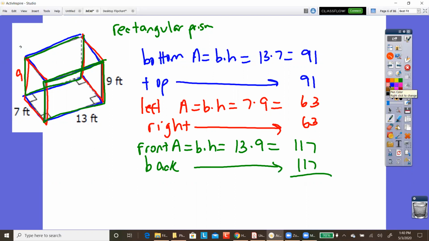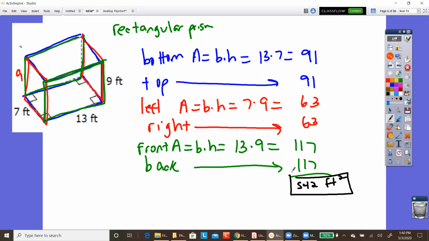So you've done the area of the 6 surfaces. So now what you do is you would add those numbers together. And if you add all those numbers together, you're going to get 542. Now again, it is an area application. So 542 square feet. Area answers are in square units.